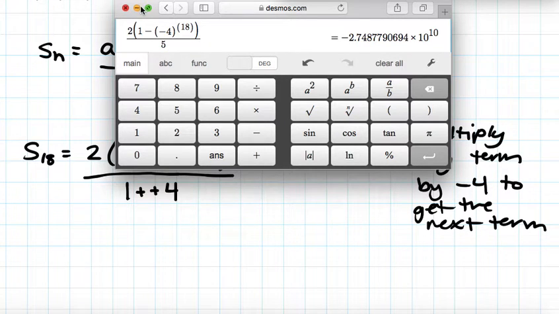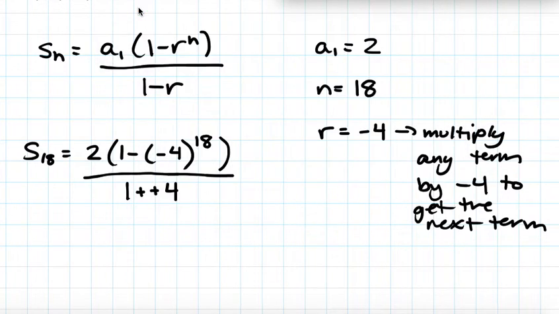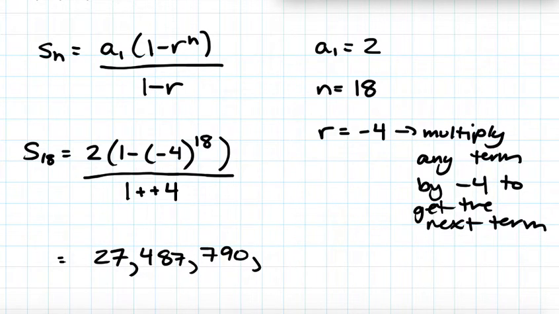So you'll see if you look in the book, they have the answer written out as a number. It'll say that the answer is negative 27,487,790,694.